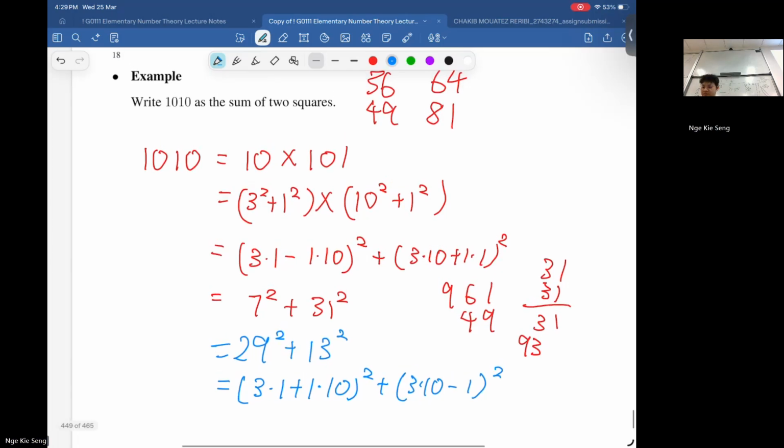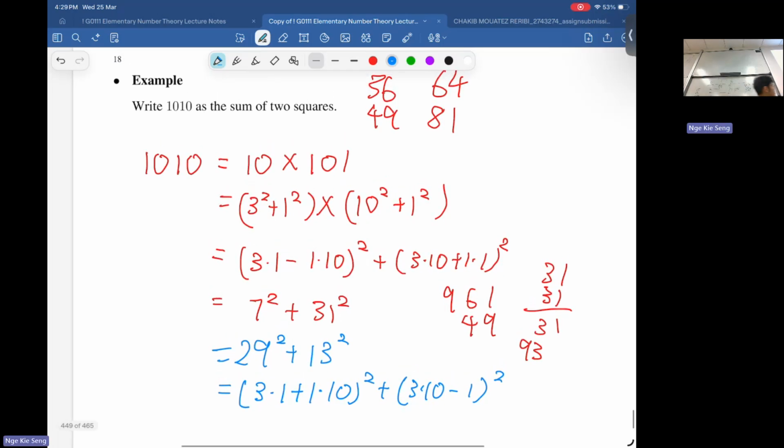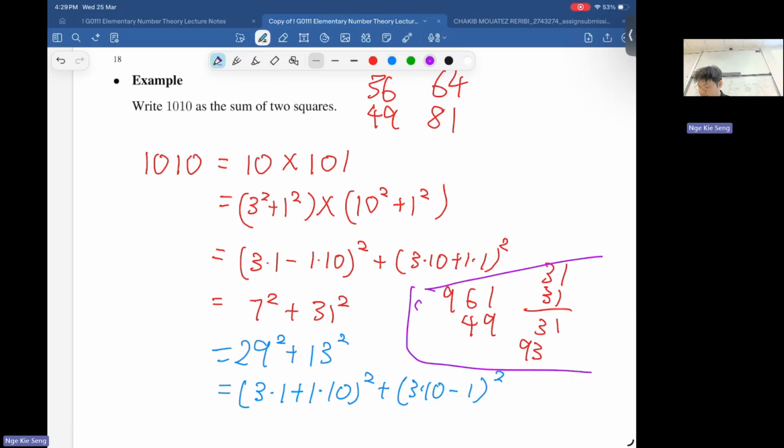No. Okay, so after you calculate, you could do some sanity check here. You could check whether you get the right sum or not. Like 131 squared added to 7 squared should be 1012. So you could do some sanity check.